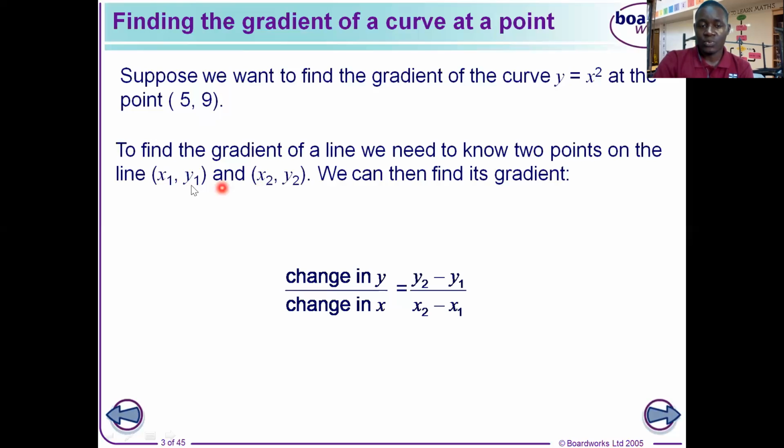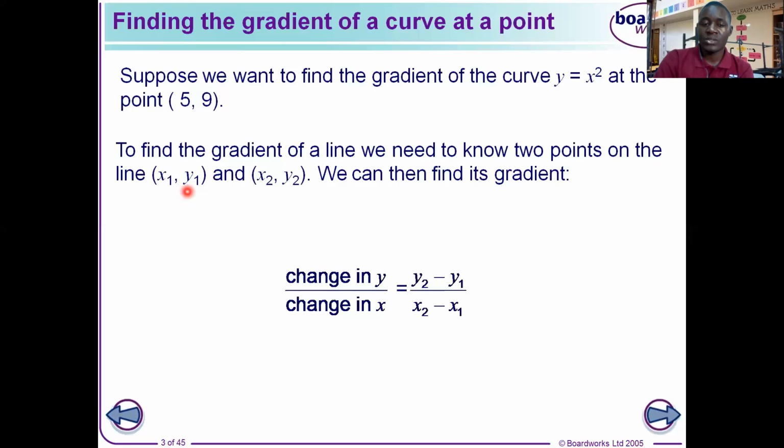Then we use the formula and we evaluate and find our gradient. But remember, I just mentioned the gradient of a line. In this case, we are going to be finding the gradient of a curve. And therefore, we cannot actually find the gradient of the entire curve, but we can find the gradient of a curve at a particular point.